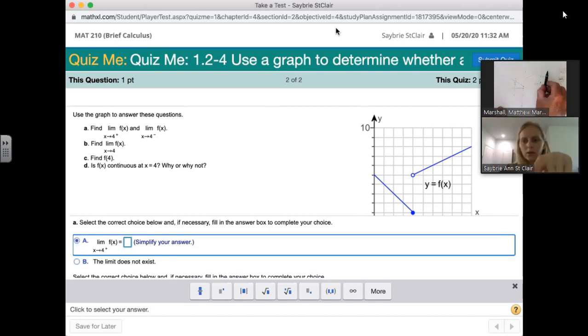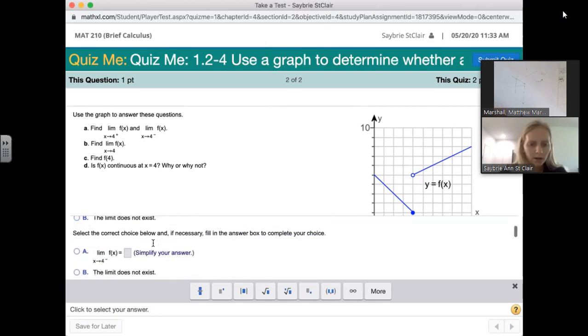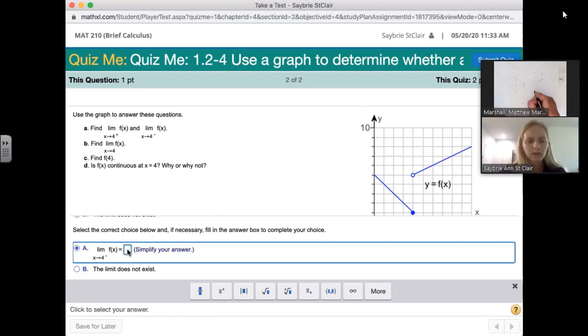So that's why that x arrow 4 plus is 5. And then that x arrow 4 minus, that means you're approaching from the left side of the graph like this.